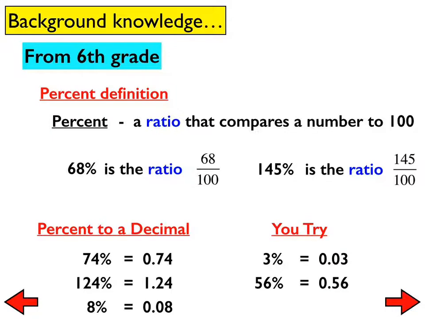It is 0.56. Everybody try this one quickly. Chris? 2.51. The reason I wanted to quickly make sure that we understood that is because we're going to use that in pretty much every single problem today: the relationship between a percent and a decimal.